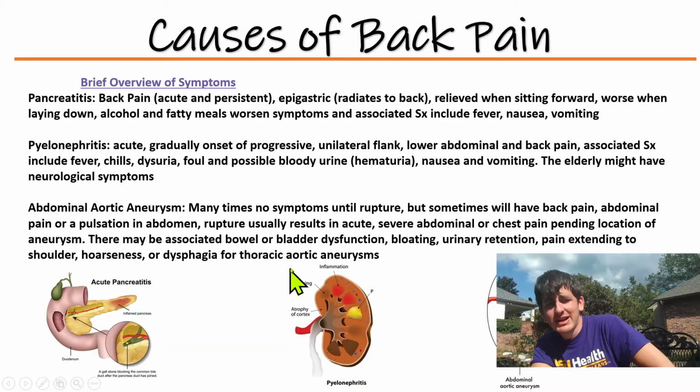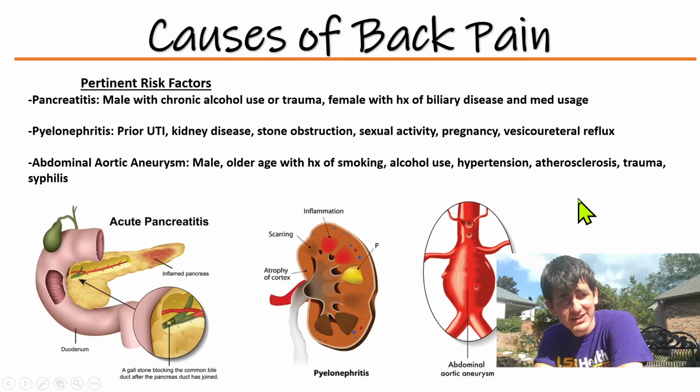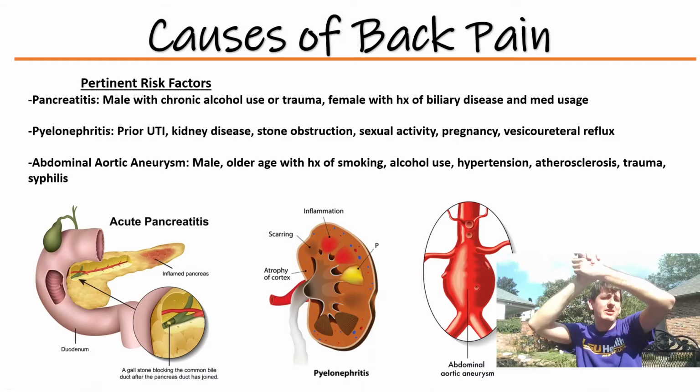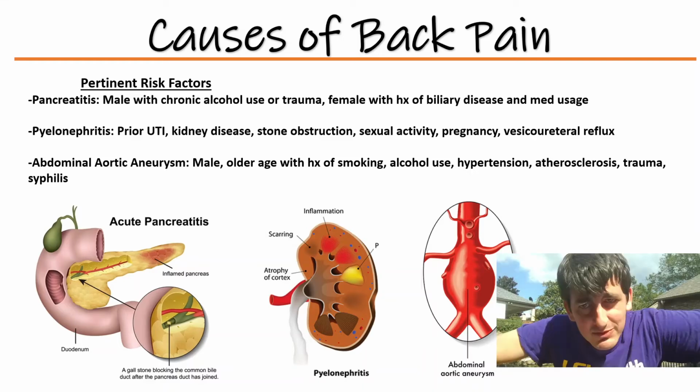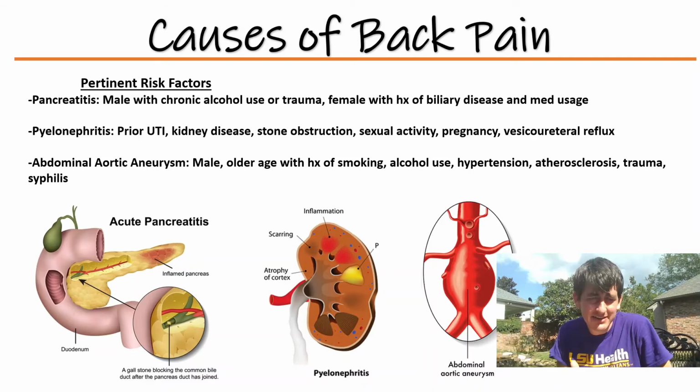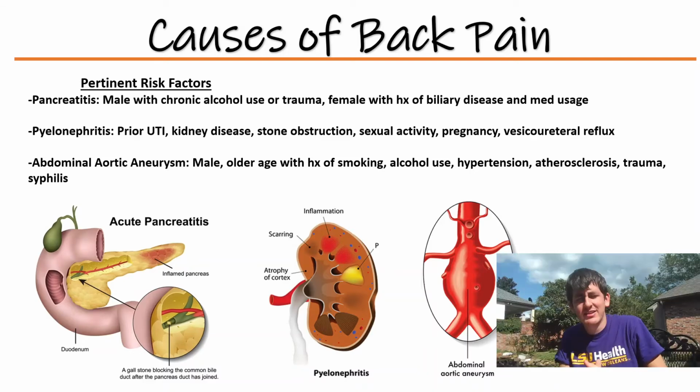So this is important too, some risk factors. Pancreatitis: males with chronic alcohol use, trauma, females with a history of biliary disease, or also certain medicines can lead to pancreatitis. It doesn't matter which sex.